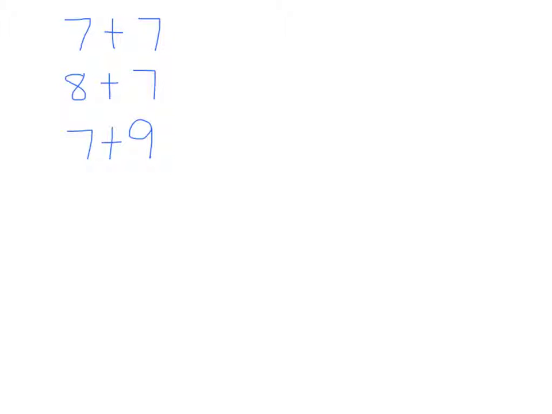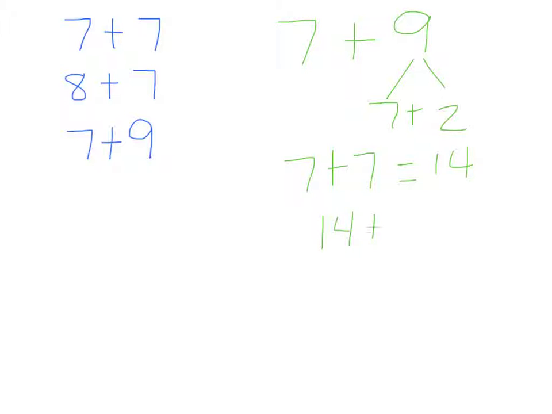Recording a student's thinking on 7 plus 9 might look something like this. First, I thought of the 9 as 7 plus 2, and then I added the 7 and 7 because I just knew that was 14, and then I took 14 plus 2, and I got 16.